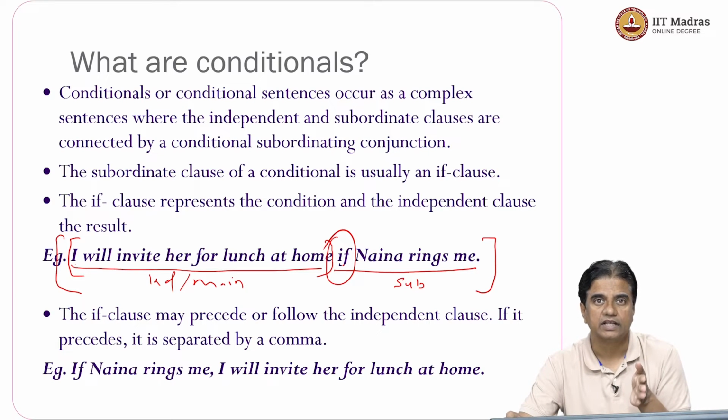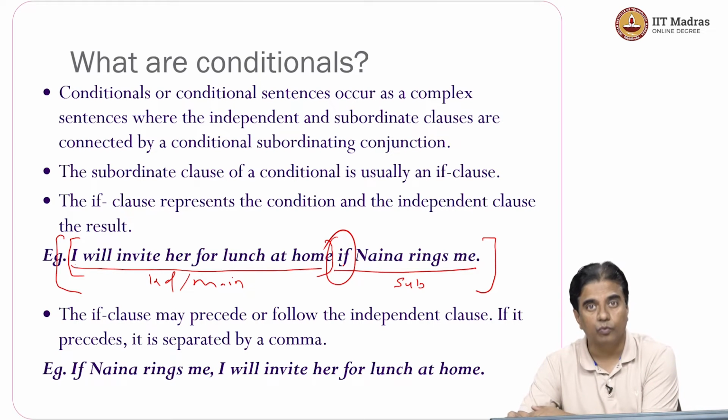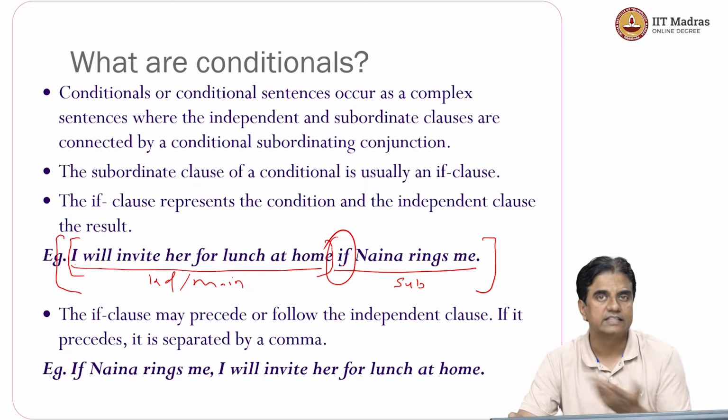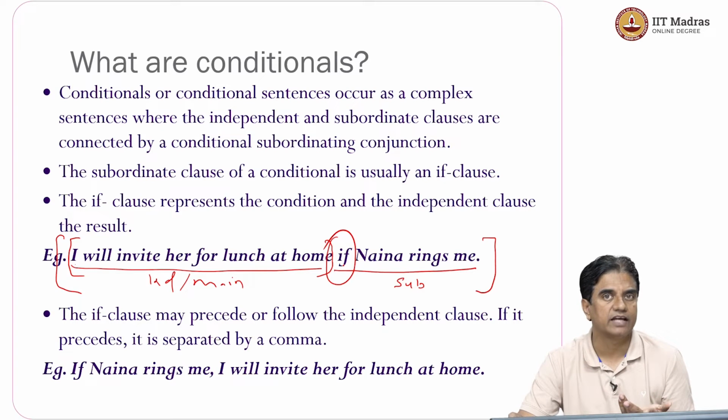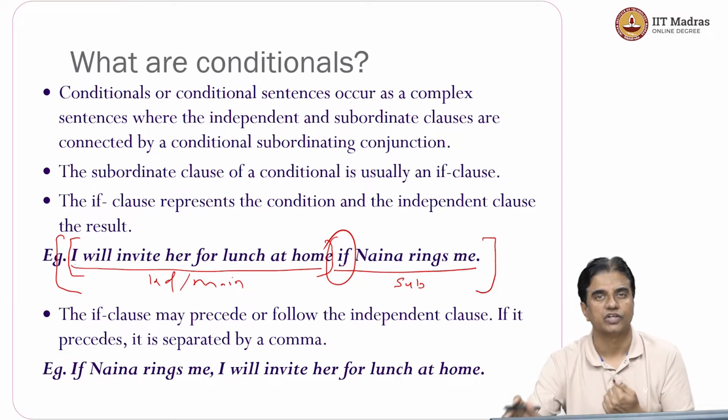In other words, the information in the main clause would become a possibility only when the information in the subordinate clause materializes. If not, then the second one also doesn't have any validity. Hence, this is called a conditional clause.